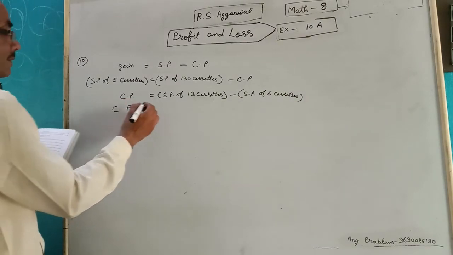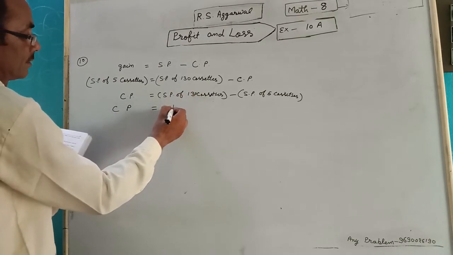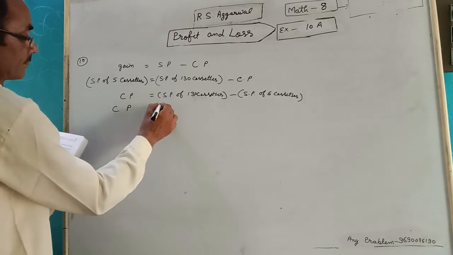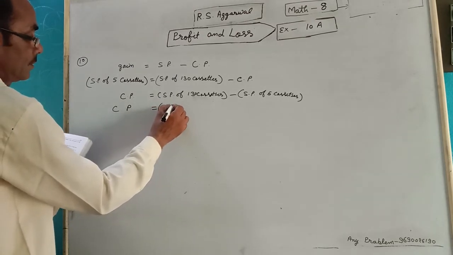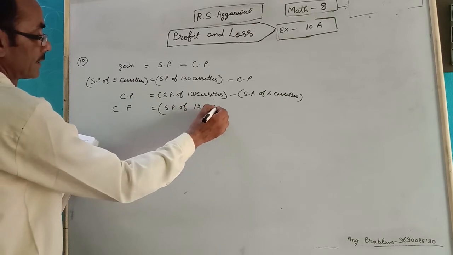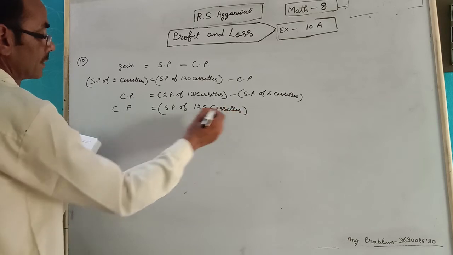CP is equal to, after the minus, SP of 125 cassettes.